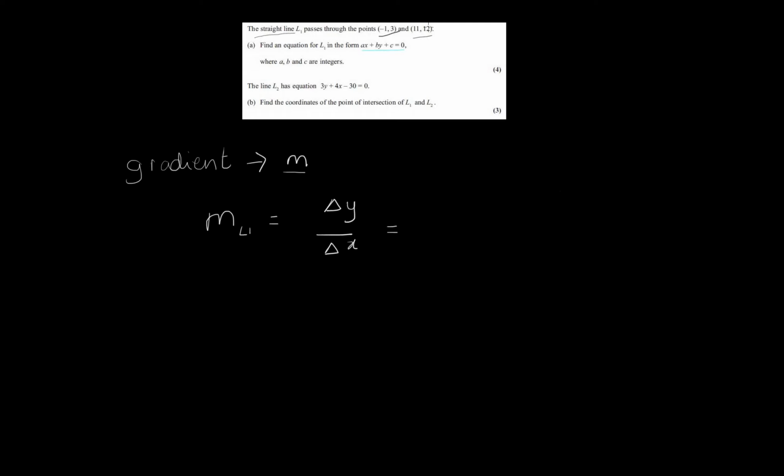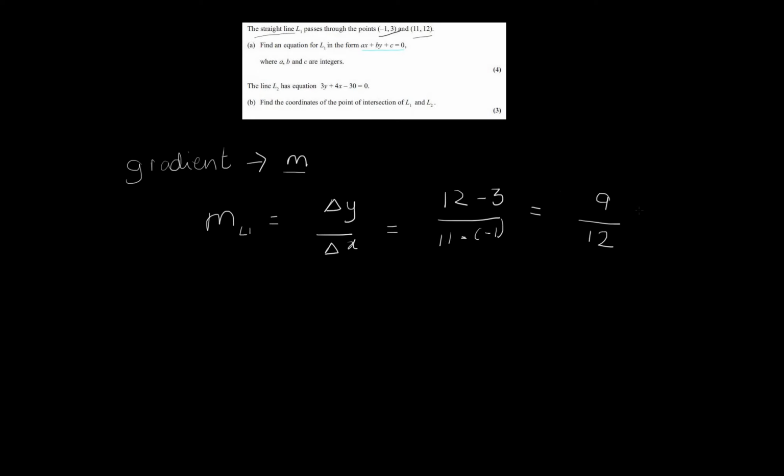And here the change in y is 12 subtracted by 3, divided by 11 subtracted by -1. That equals 12 minus 3 is 9, divided by, and of course 11 minus -1 is the same thing as 11 plus 1, which is 12.